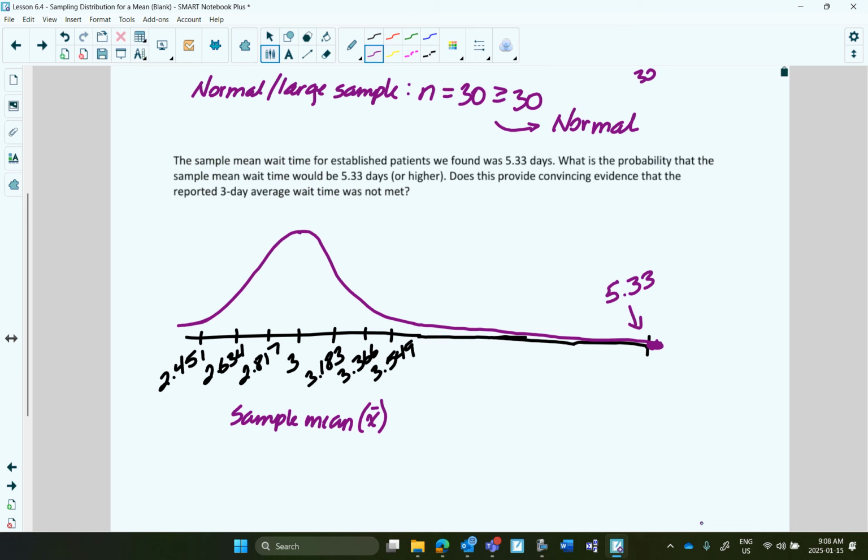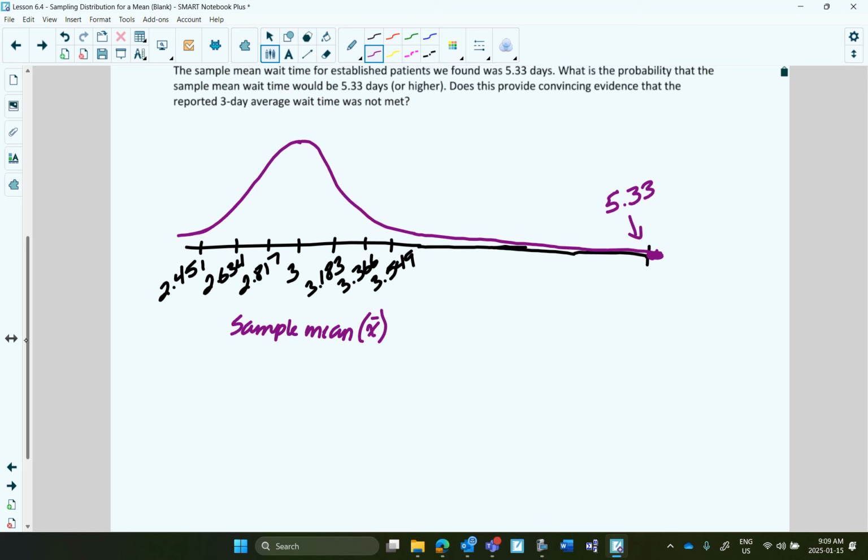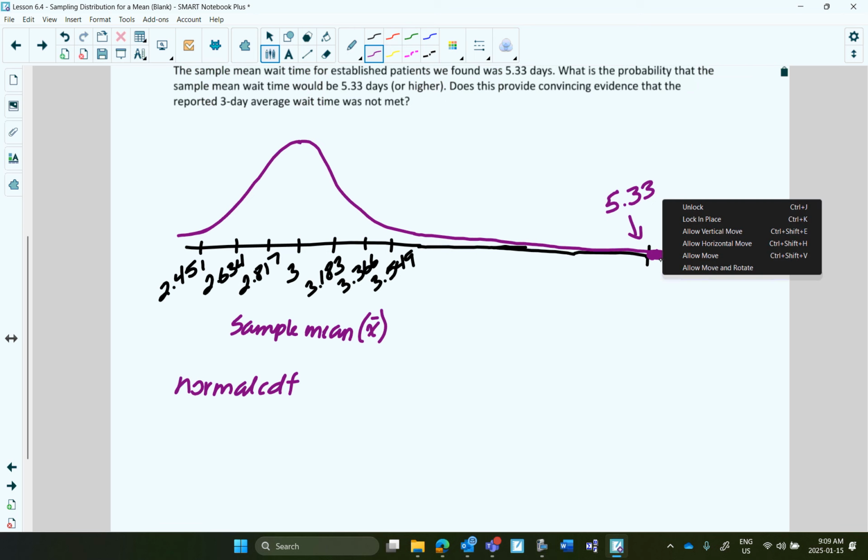But just to confirm, we want to actually find that probability. So this is where we have to use our normal CDF calculation. And remember, we're finding this area here with a lower boundary of 5.33 and a higher boundary of a ridiculously big number.